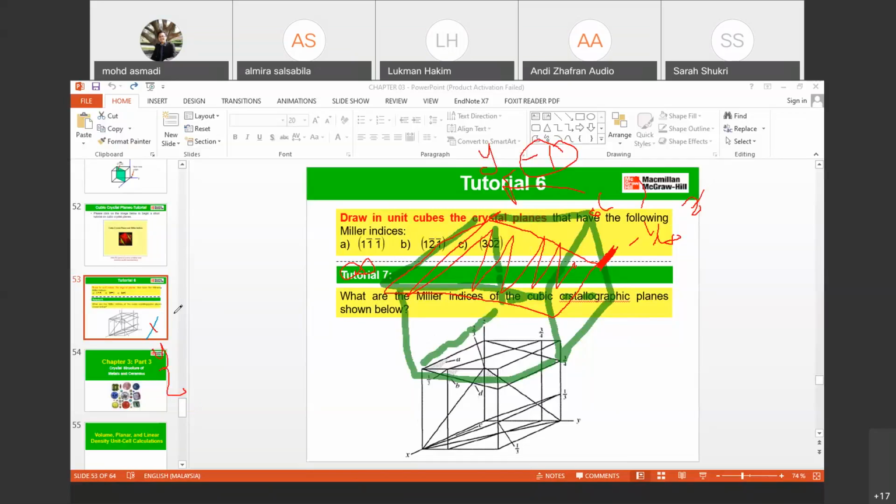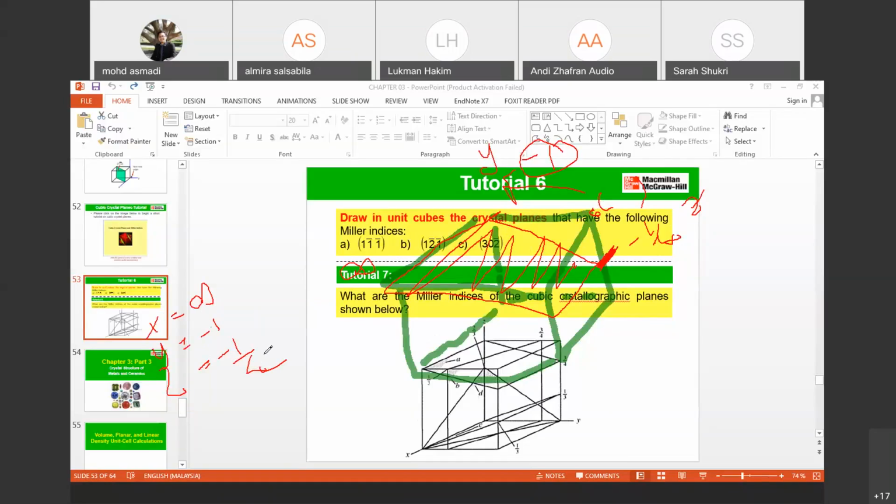So x is equal to infinity, y is equal to -1, z is equal to -1/4, because I define a new origin, so the plane does not cross the origin.